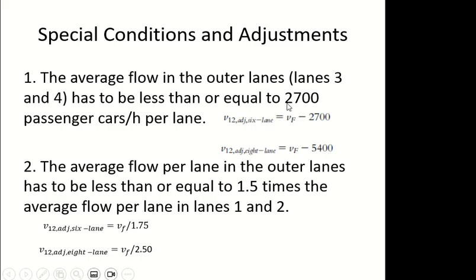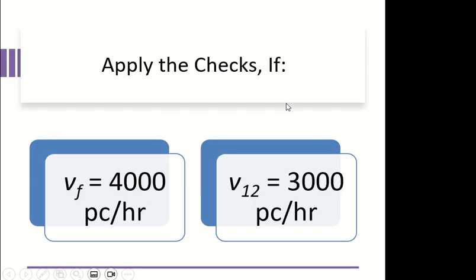If I apply the first check on the outer lane flow, the freeway flow is 4000 and V12 is 3000. How much is the flow in the outer lane? Tell me. VF means total flow. Out of the total, V12 is 3000, so how much is remaining in the outer lane?